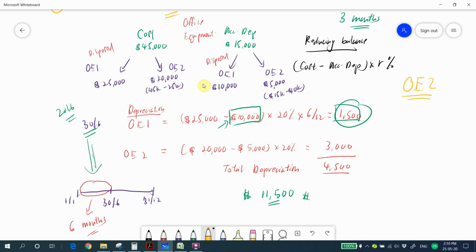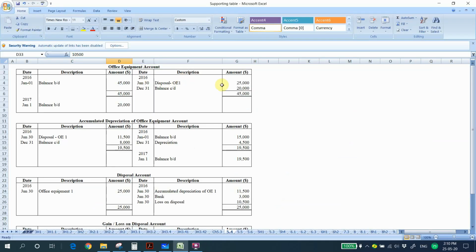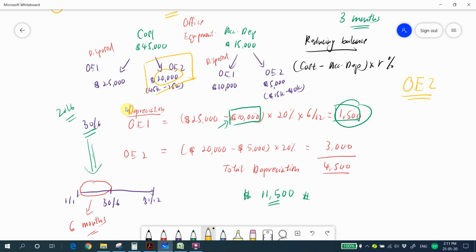And the cost of office equipment 2 is 20,000, right? You can check whether this amount appear in your office equipment ledger account. Yes, this amount appear in your office equipment ledger account. It means that your answer is correct. It means that at next year, 2017, 1st January, we have only one office equipment, and this is office equipment 2. The value is 20,000, which is showing here.